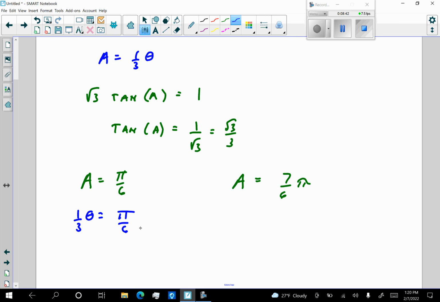And now I'm going to pick on you again, Alfonso. How do I solve for theta? This time I'm going to multiply both sides by 3. And I'm going to have theta equal pi over 6 times 3, which happens to be pi over 2.